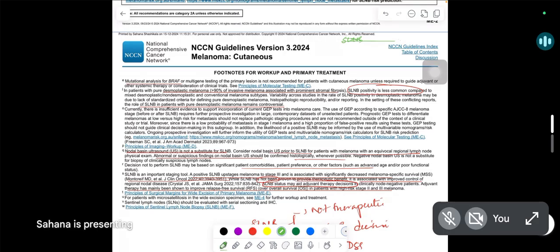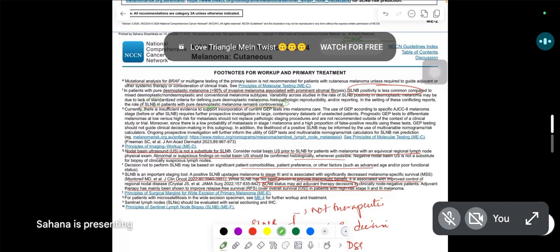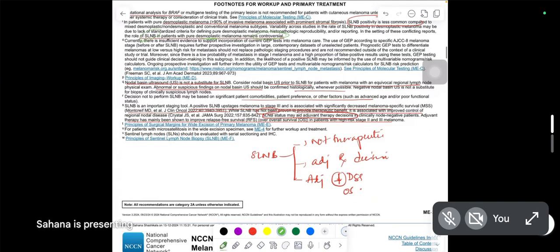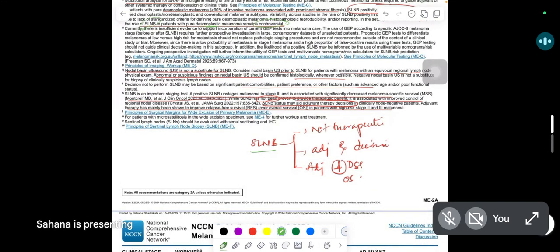Now, another thing is about desmoplastic melanoma. There is a controversial role of SLNB. Here you can use imaging for node pickup, or you can directly stage the disease by complete lymph node dissection. Now, the other point that I want to emphasize is that in melanoma, SLNB followed by completion lymph node dissection is not therapeutic.